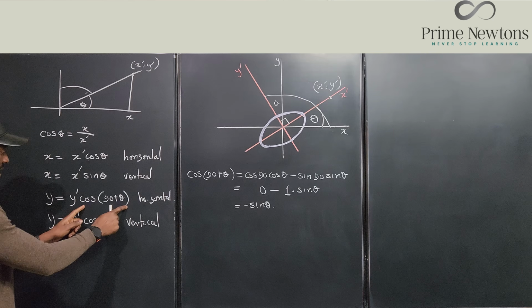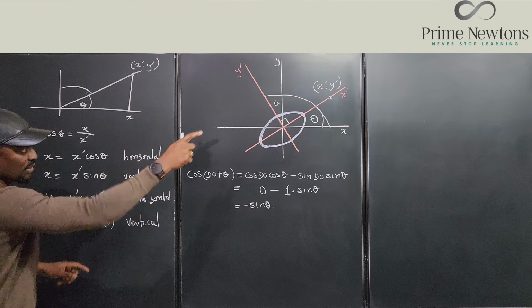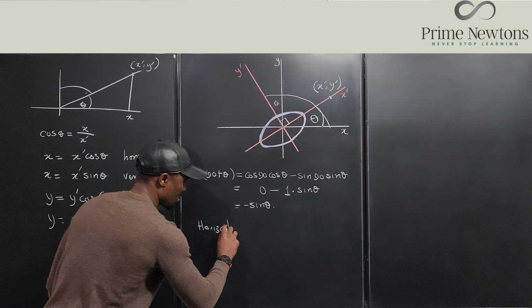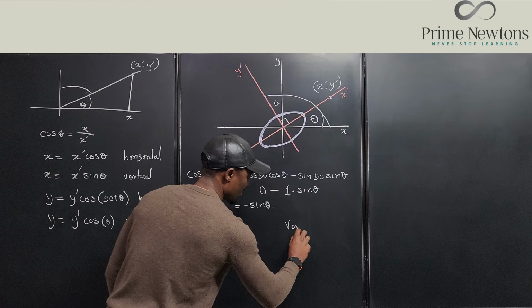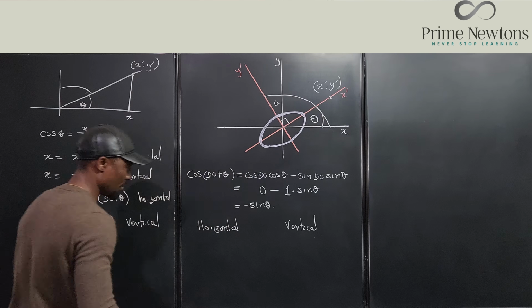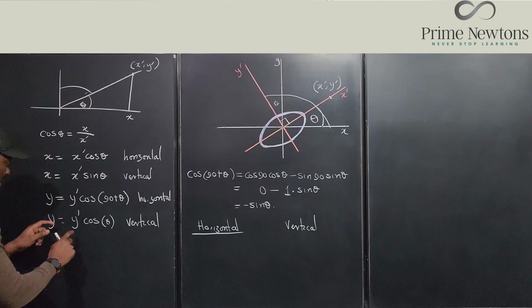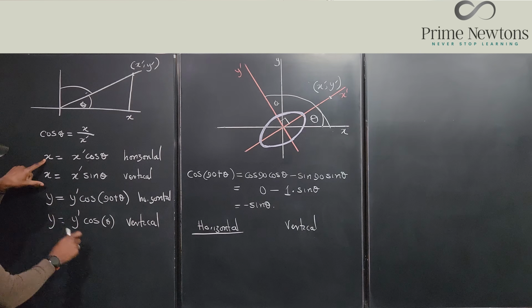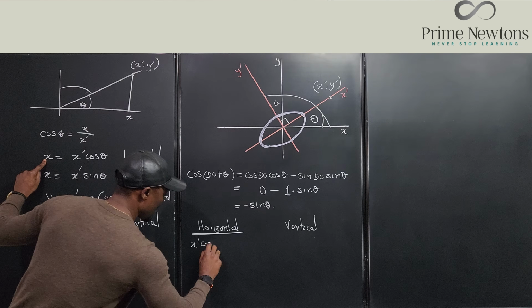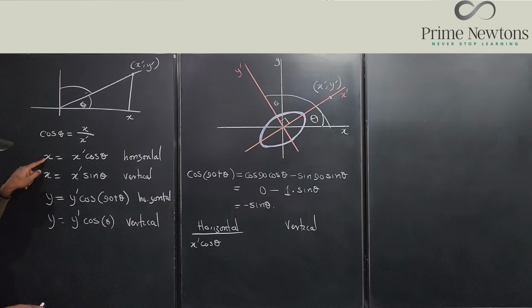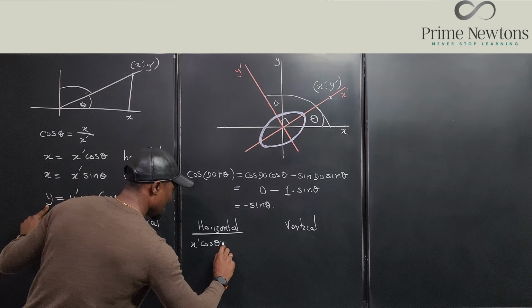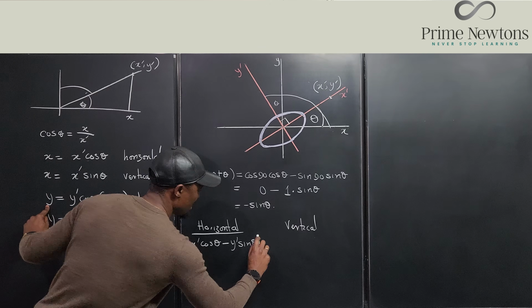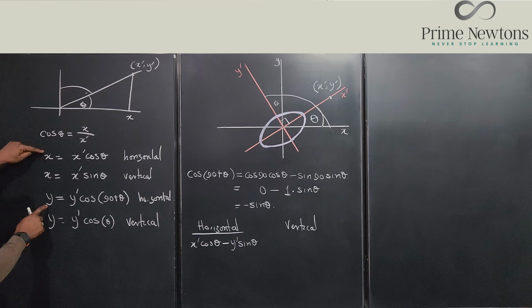Because this now is going to be, so we can put the total there. So we have horizontal, here we have vertical. So here we have the total horizontal component is going to be this plus this. It's going to be x cosine theta. The other horizontal one is minus y prime sine theta. That is the total horizontal component.